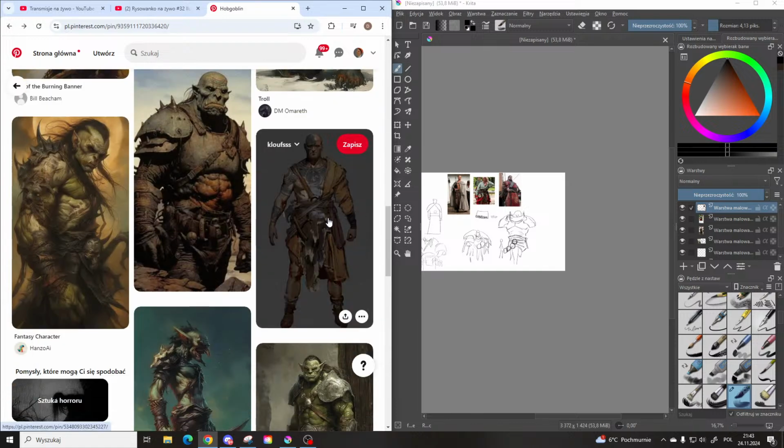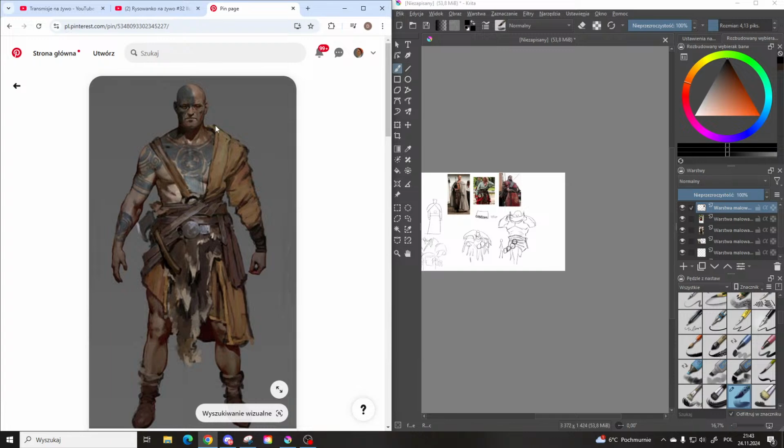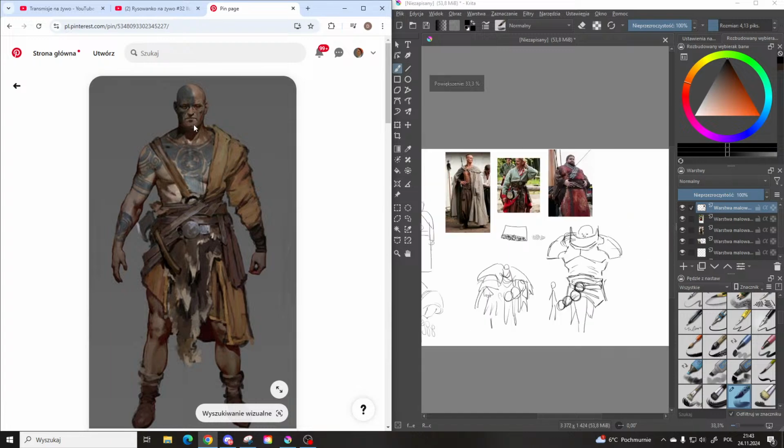Oh yeah, this is cool. The look on his face and the body paint here make him look like he's wise. I would probably make him more fat and older. Maybe not that much fat, but well built.